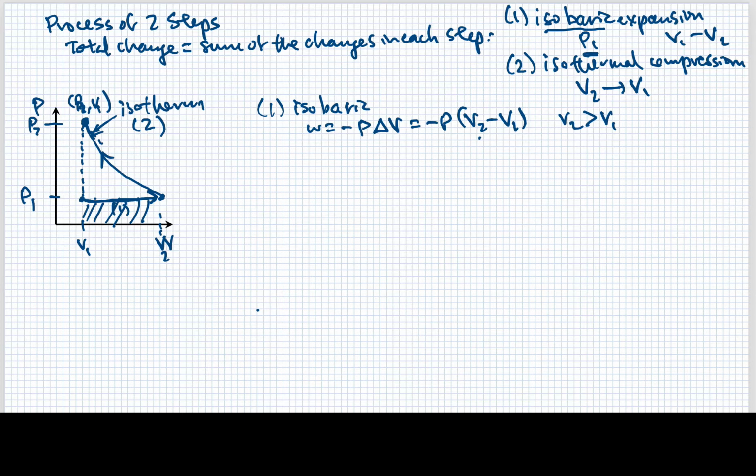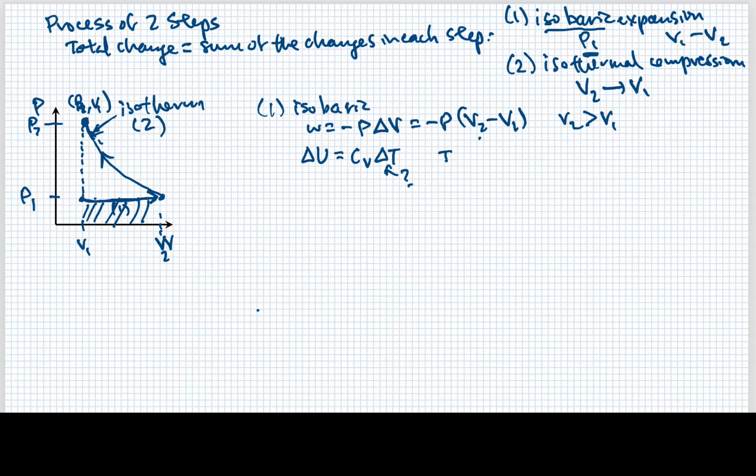All right, how would we calculate something like the heat or the internal energy? Well, the internal energy, I'll do that when it's a little bit easier. We know that for an ideal gas, it's just going to be the constant volume heat capacity times the change in temperature. But what is this change in temperature? How would we find that?